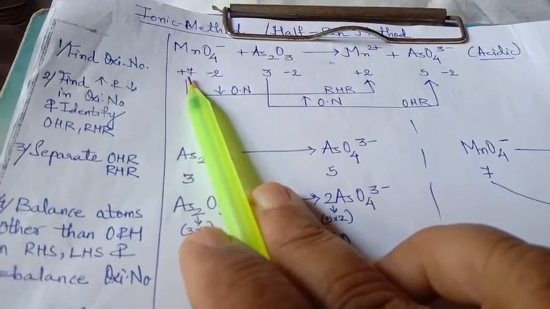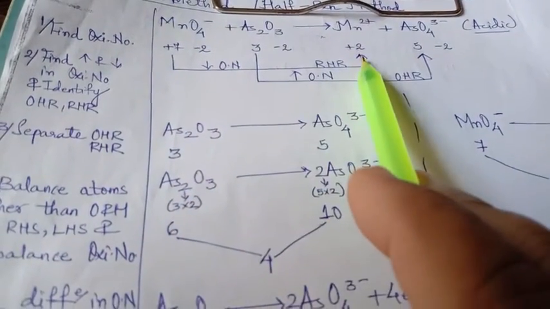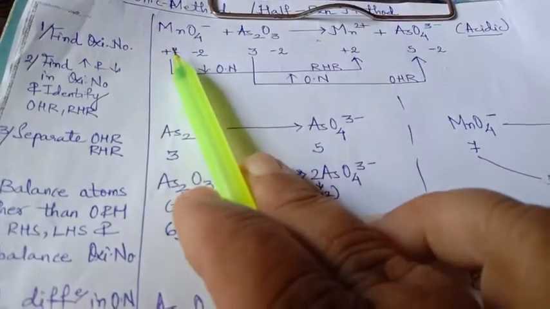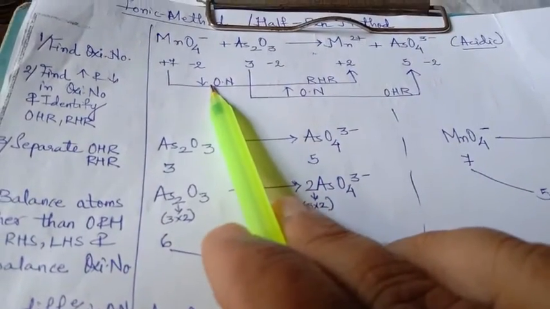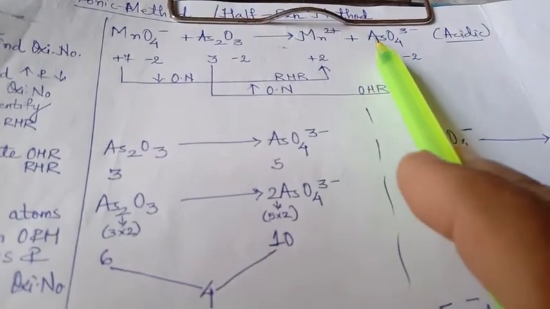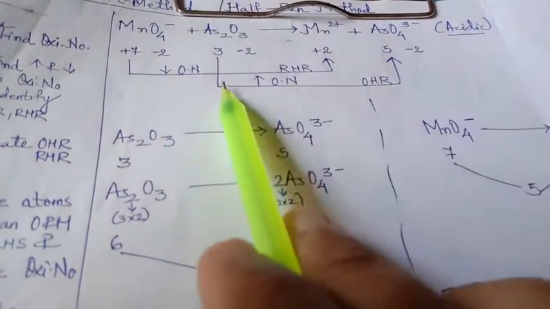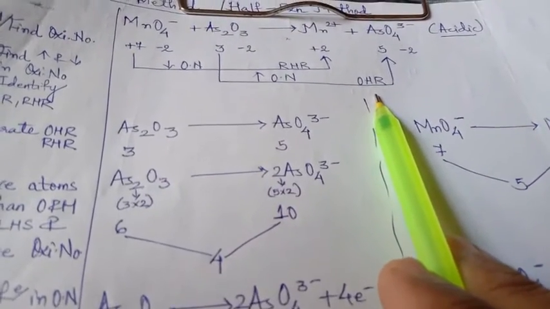So here plus 7 Mn, here plus 2, so it is reduced. So this is the reduction half reaction because of decrease in oxidation number. Here you see it is As 3 and here it is As 5, increased. So increase in oxidation number, it is the oxidation half reaction.